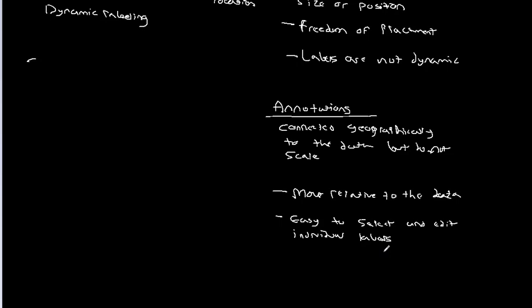So if I slide something, if this is the data, and I have a label here, with graphic text, if I move this point, nothing will happen. This label will stay in the same place. What's nice with an annotation, so if I move, let's say I move here, the label is still going to be here.